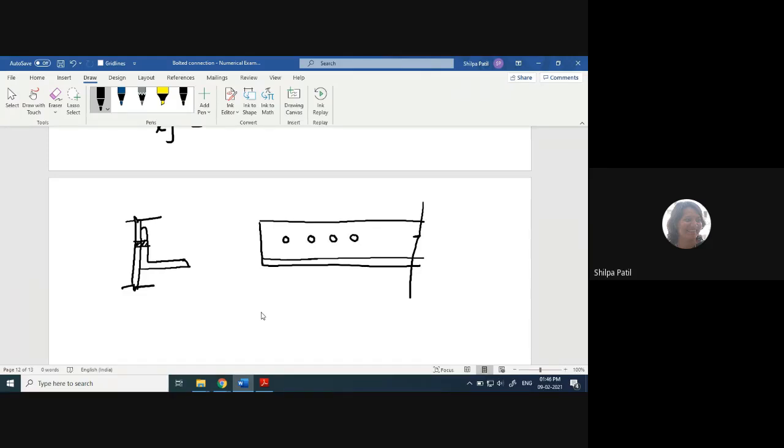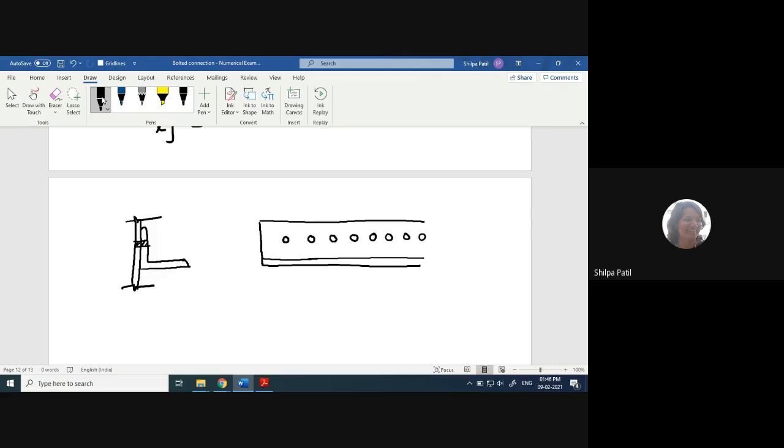How many bolts have we calculated? 8. So I have to show all 8 bolts here: 1, 2, 3, 4, 5, 6, 7 and 8.